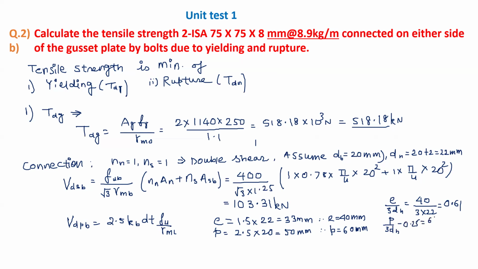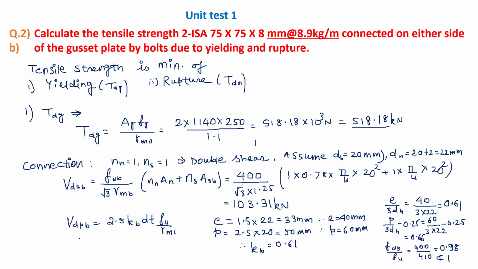P we have 60 divided by 3 into 22 minus 0.25, and we have this value equal to 0.66. Then fub upon fu, we have 400 upon 410, and this value comes 0.98, and 1. The minimum of these will be kb, and therefore we have kb equal to 0.61.